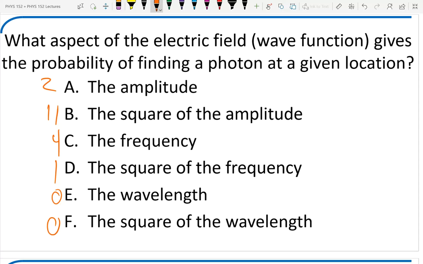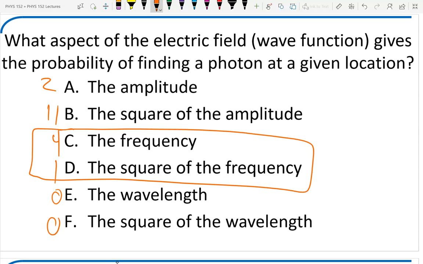Okay, we've got ourselves some issues. We have 5 people who did not understand what I was saying or didn't hear the words coming out of my mouth. The people who said amplitude, I can understand that because it was related to amplitude, but it is the amplitude squared. The electric field squared, the amplitude of the wave function being the electric field, is what the probability was proportional to.